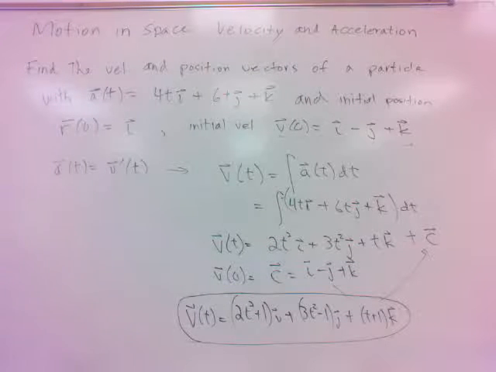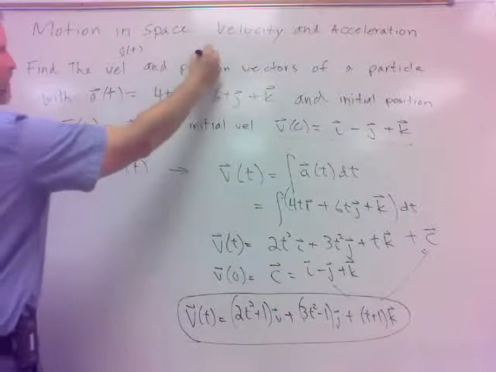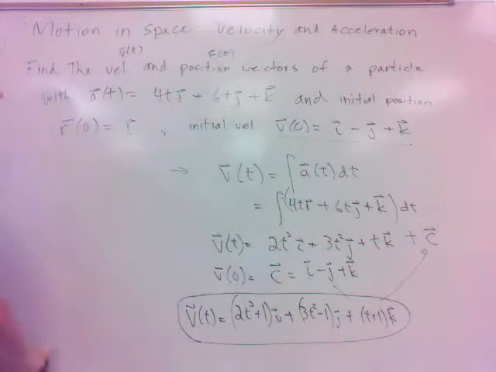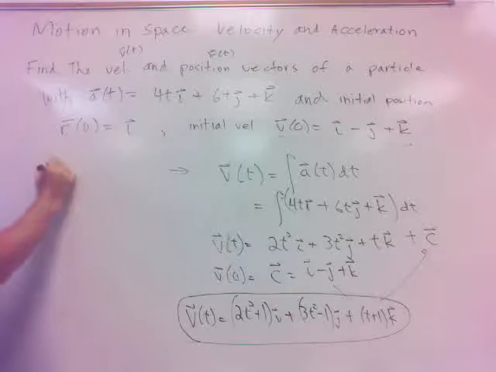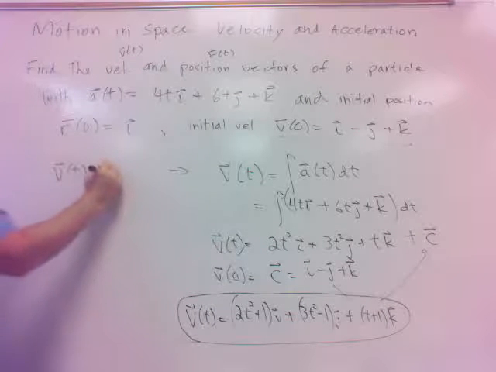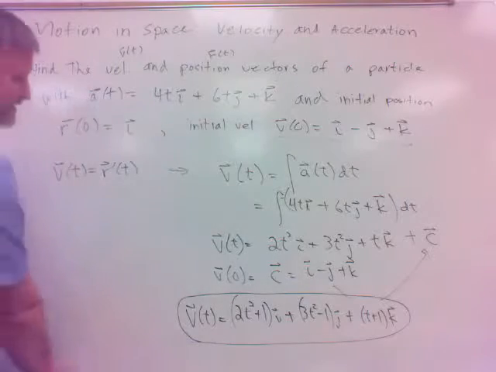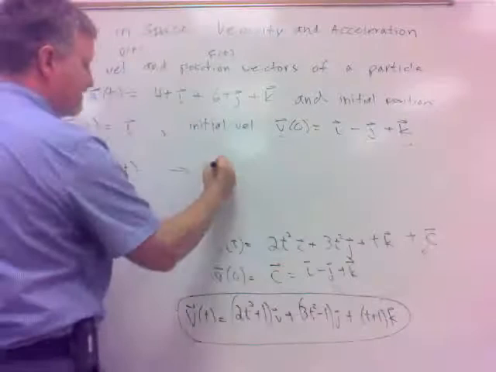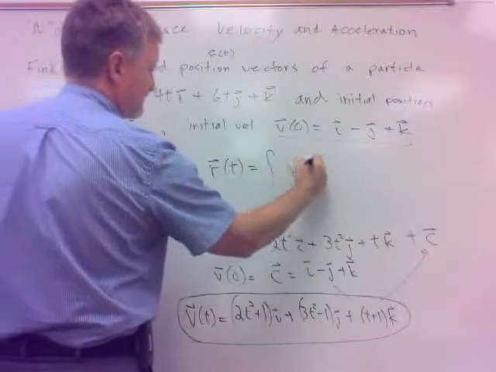The position vector. We've got our v of t, now we want our r of t. How are we going to get that? We know that v of t is the derivative of the position vector, and so the position vector is the integral of the velocity vector.